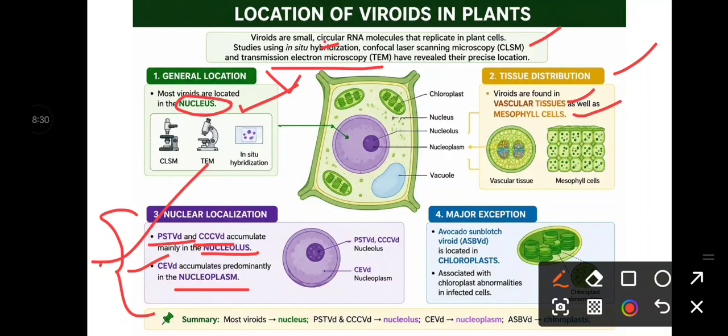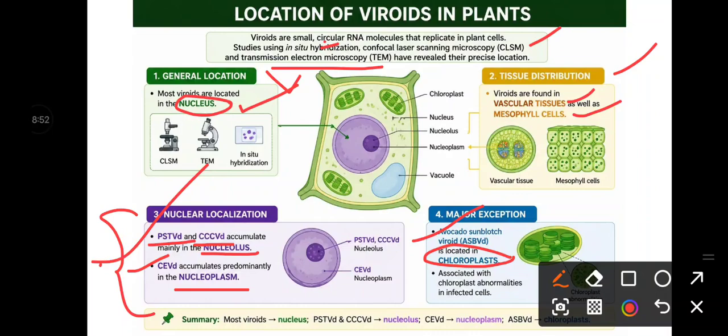And the major exception means the viroid that does not localize in the nucleus. Where will it localize? It is localized in the chloroplast. The avocado sunblotch viroid is the exceptional case that is localized in chloroplast.